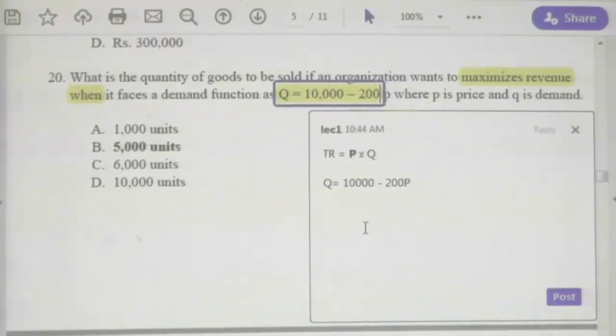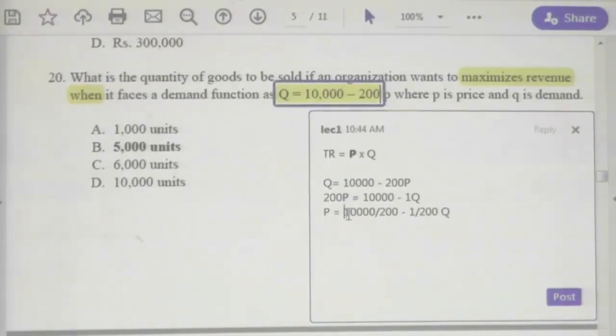We will take minus 200 P to this side, then it becomes 200 P equals 10,000 minus Q. Now you need to isolate only P, therefore P equals 10,000 divided by 200 minus, in front of Q you have only 1, therefore 1 divided by 200 Q.